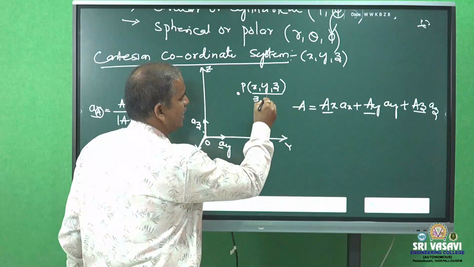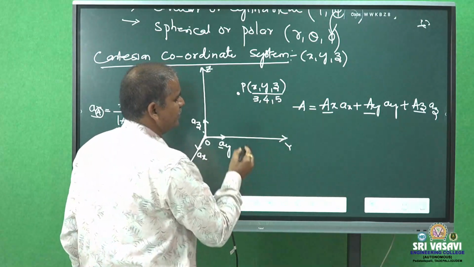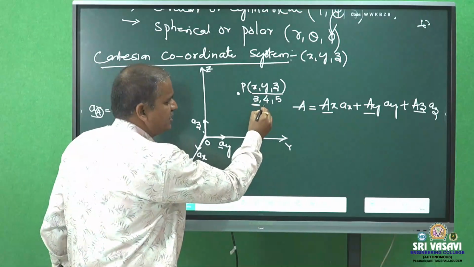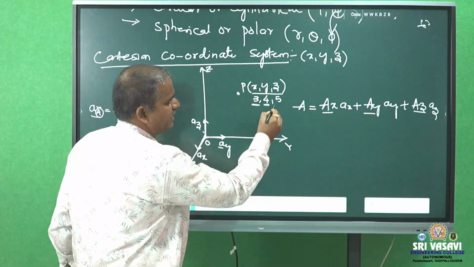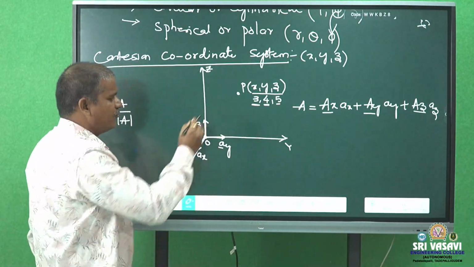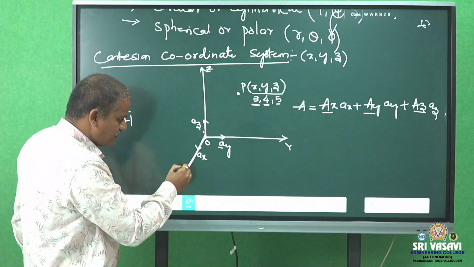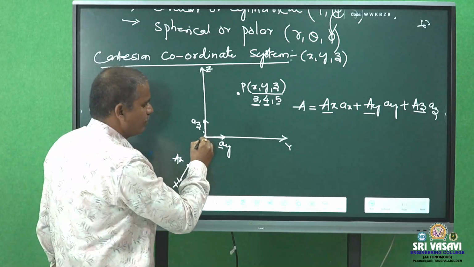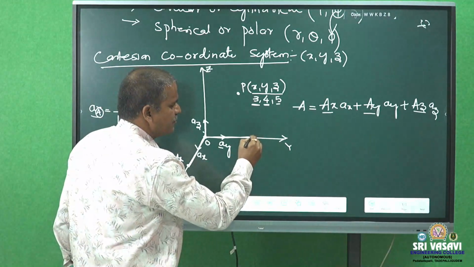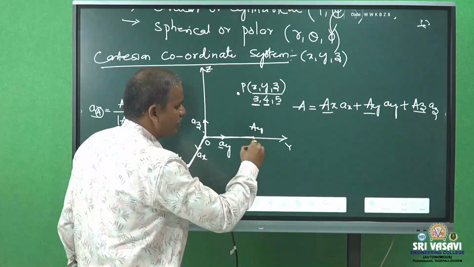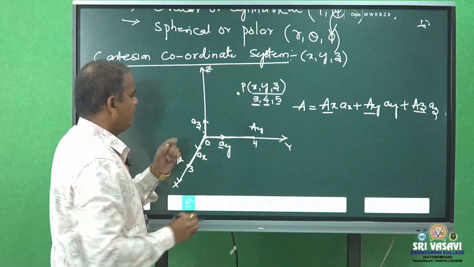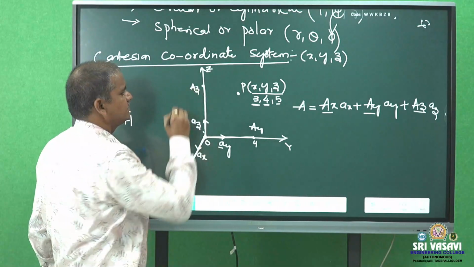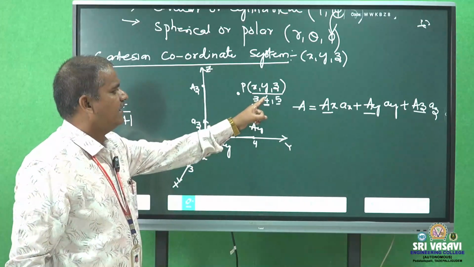I write 3 comma 4 comma 5, which means 3 represents the x component, 4 is the y component, 5 is the z component. So this is your ax component, this is your ay component, this is 4, this is 3, and the 5 component is towards z. This is az. So this is ax, ay, az.